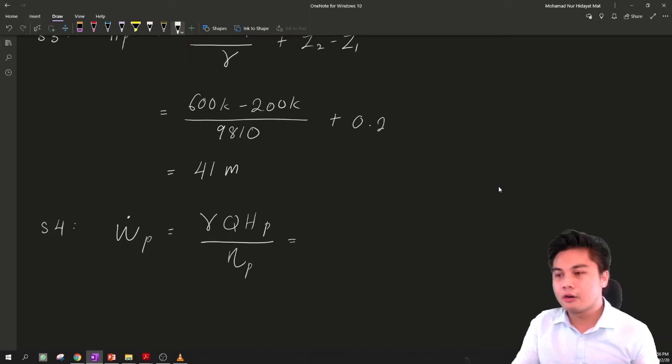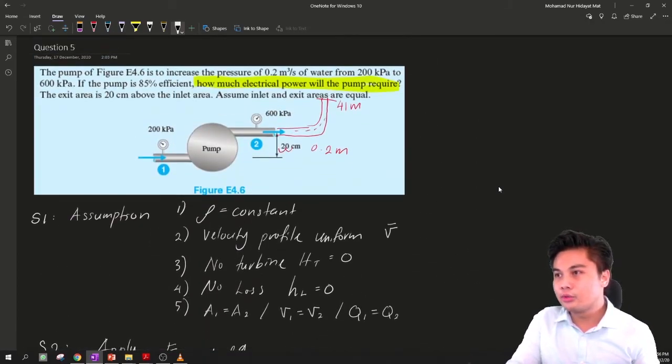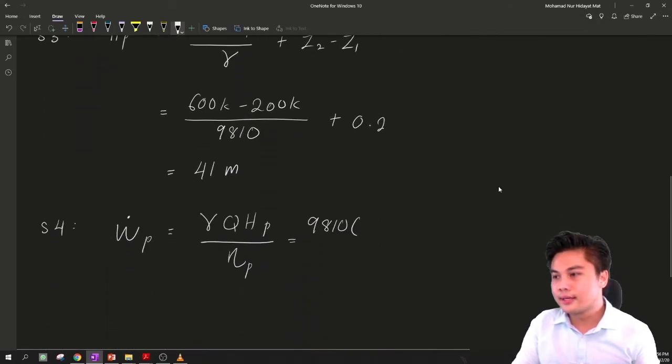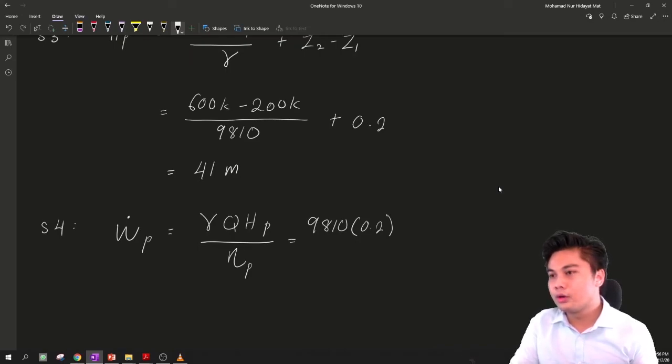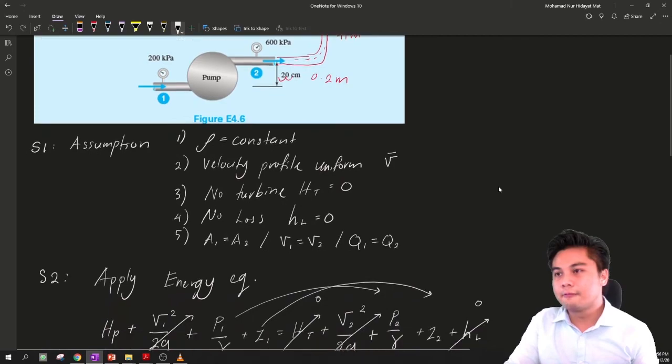So gamma of water here is 9810. The flow rate here, it is given to be 0.2 meter cubed per second. And head of pump we got earlier is 41, over the efficiency of the pump, which is 85%.